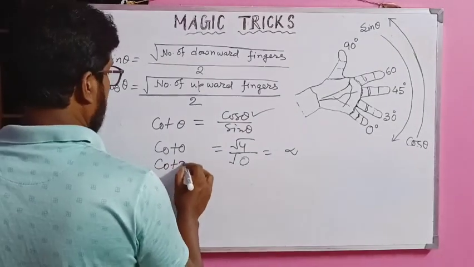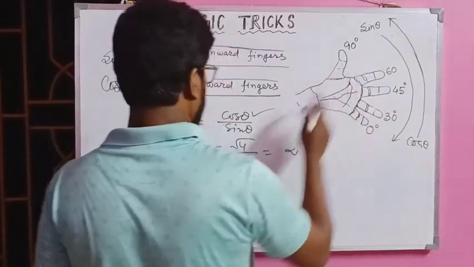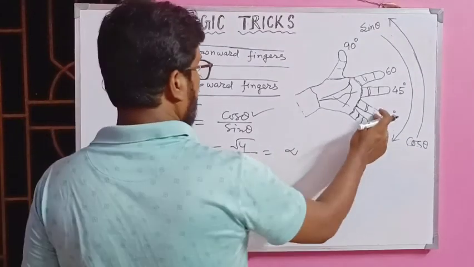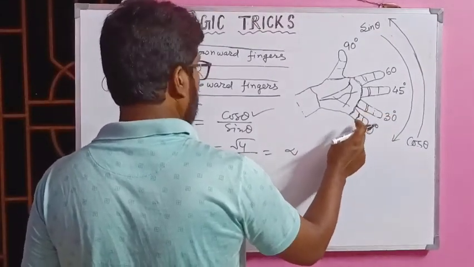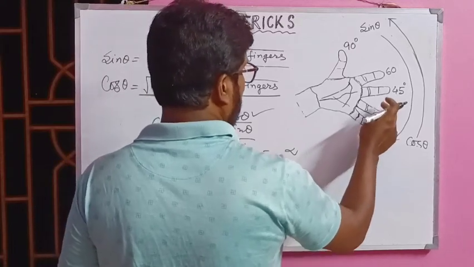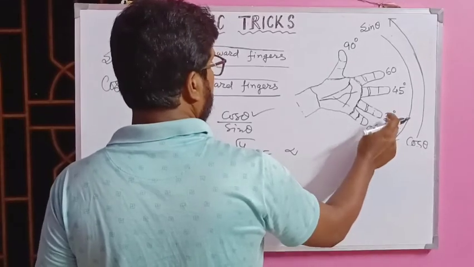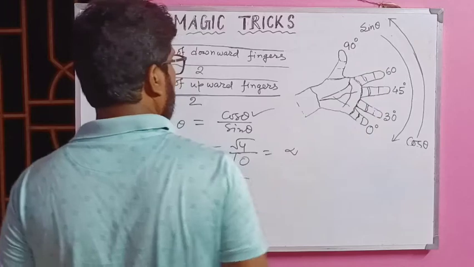Cot 30 degree equals: at 30 degree, there are 3 fingers left in upward direction, root 3, and after 30 degree in downward direction there is 1 finger left only.